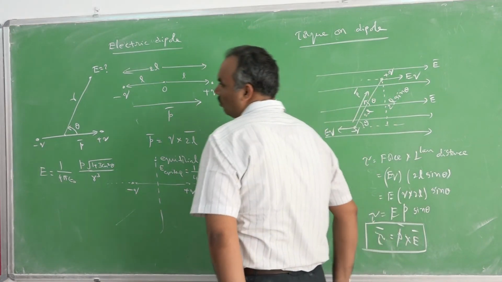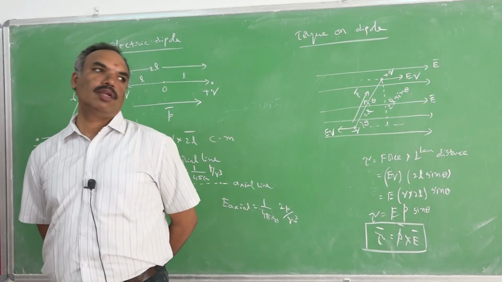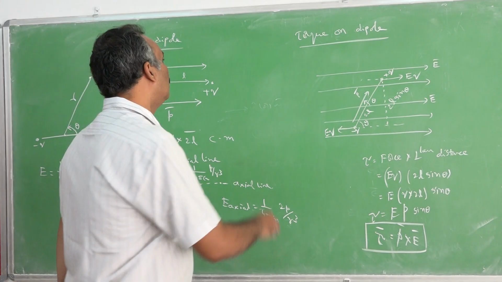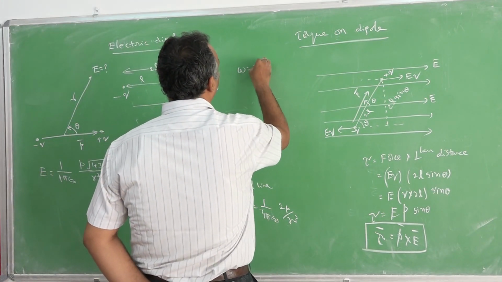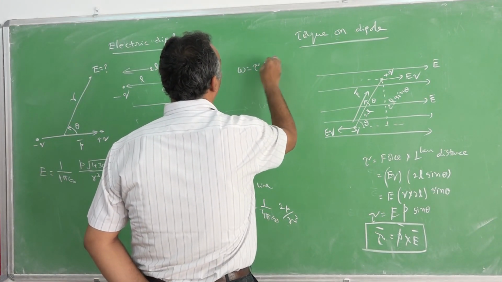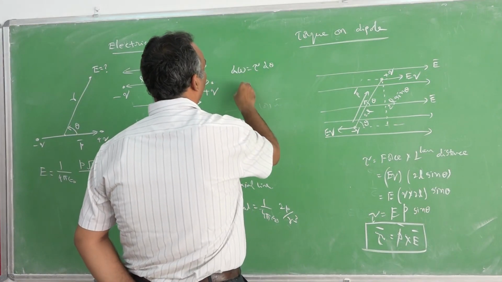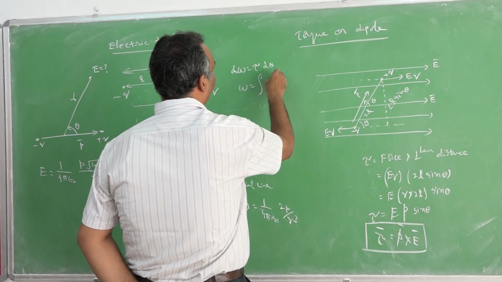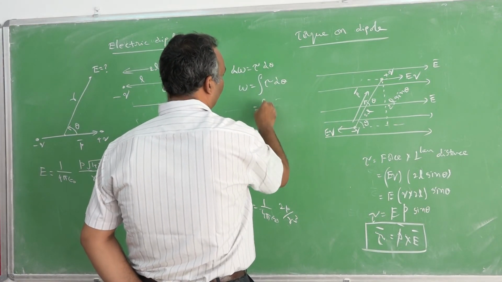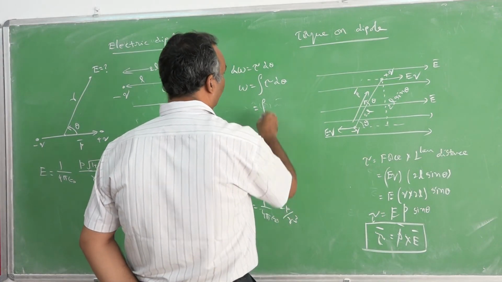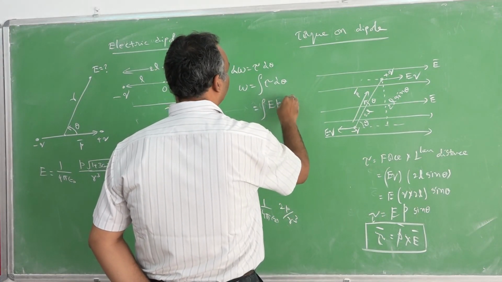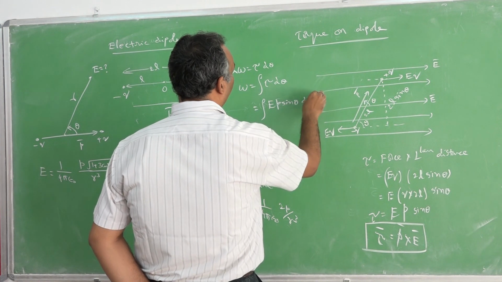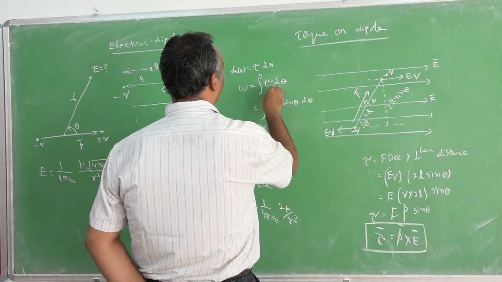Here you can calculate the work done. Work done is given by tau into d theta. dW is equal to integral of tau d theta, that is integral of EP sin theta d theta, where theta varies from some theta 1 to theta 2.